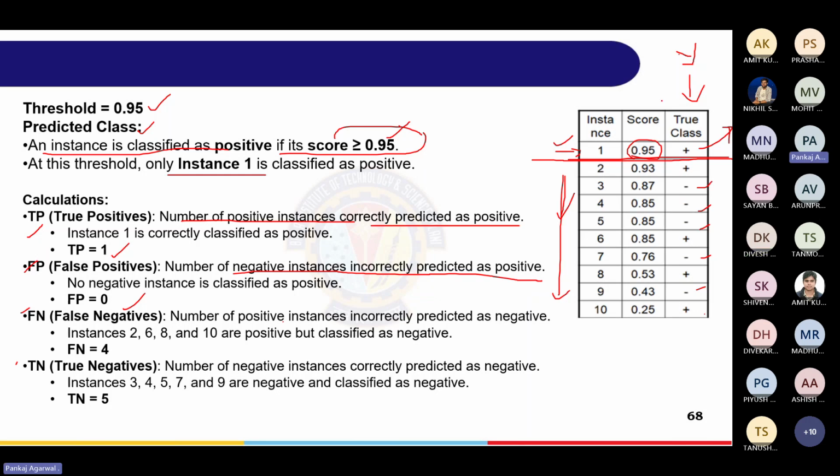See, simple thing, my dear. When you have data, what would you do? One is your actual value class, which is there. You have some class, so this is the class, the actual outputs. These are actual outputs, which are already given to you. And these are the predicted values or scores.